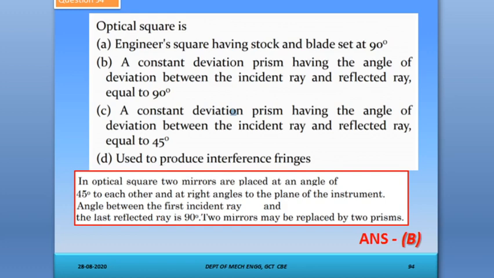A constant deviation prism having the angle of deviation equal to 45 degrees. Used to produce interference fringes. An optical square is a constant deviation prism having the angle of deviation between the incident ray and reflected ray equal to 90 degrees. Option B is the correct answer.